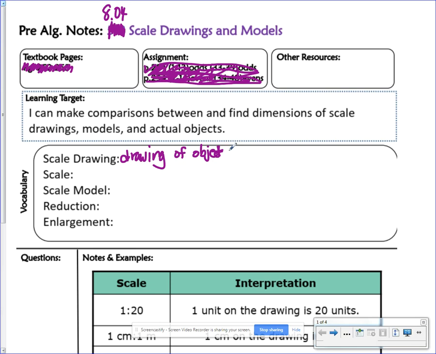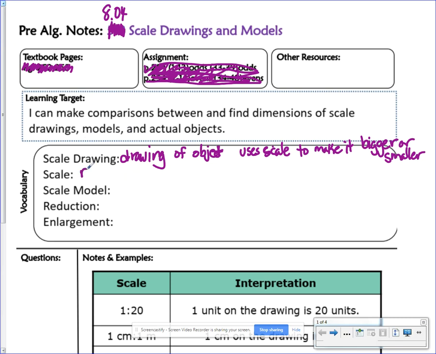And what happens here in this drawing, it uses scale to make it bigger or smaller from the original. So bigger or smaller. Sorry, I know there's an awful lot to squish in here and I write really big, okay? To make it bigger or smaller than the real thing.